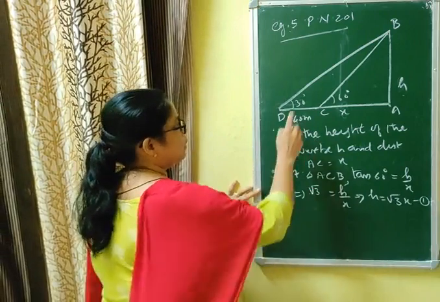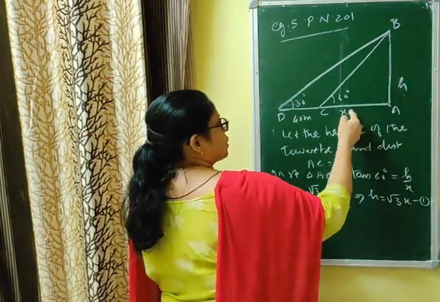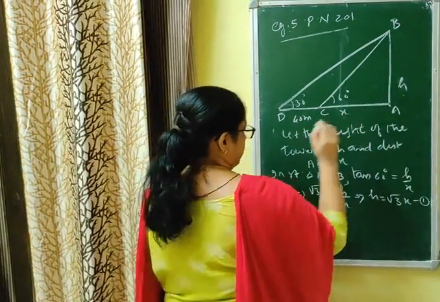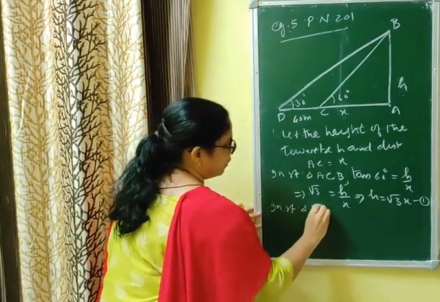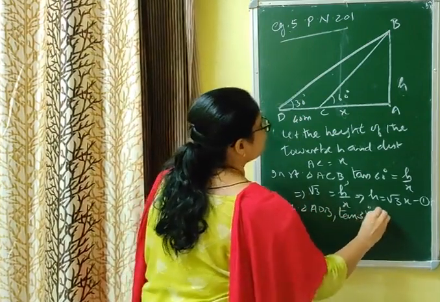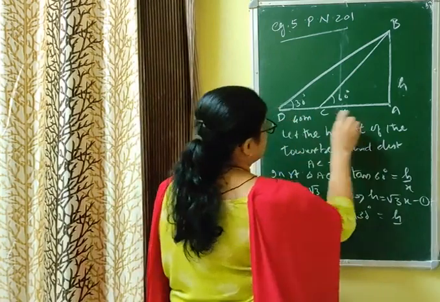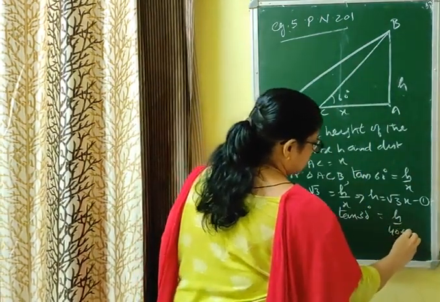Now apply the T ratio. P और B दिया, हमेशा आपको tan ratio यूज करना है, P by B. Now in right triangle ADB, tan 30 is equal to h by, ये टोटल लेंथ लेना है क्योंकि बड़ा ट्रायंगल ले रहे हैं, 40 plus x.